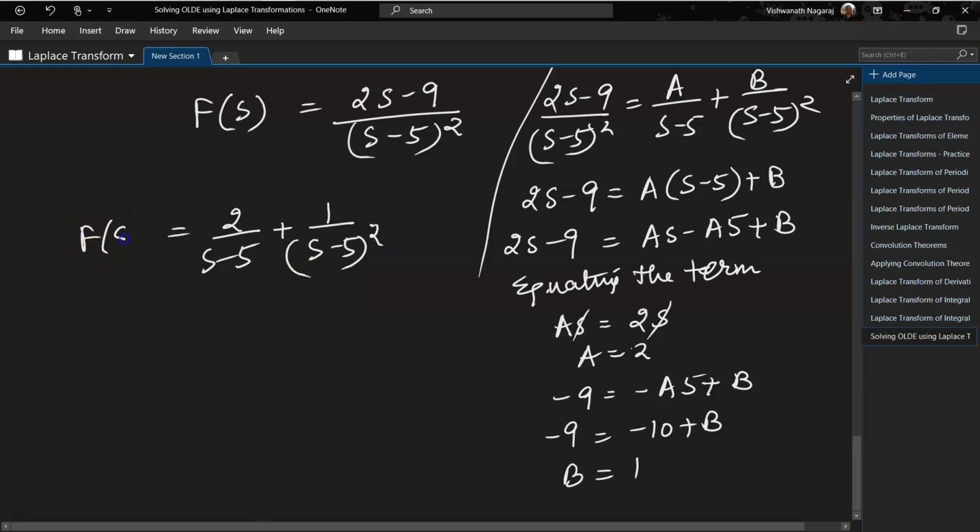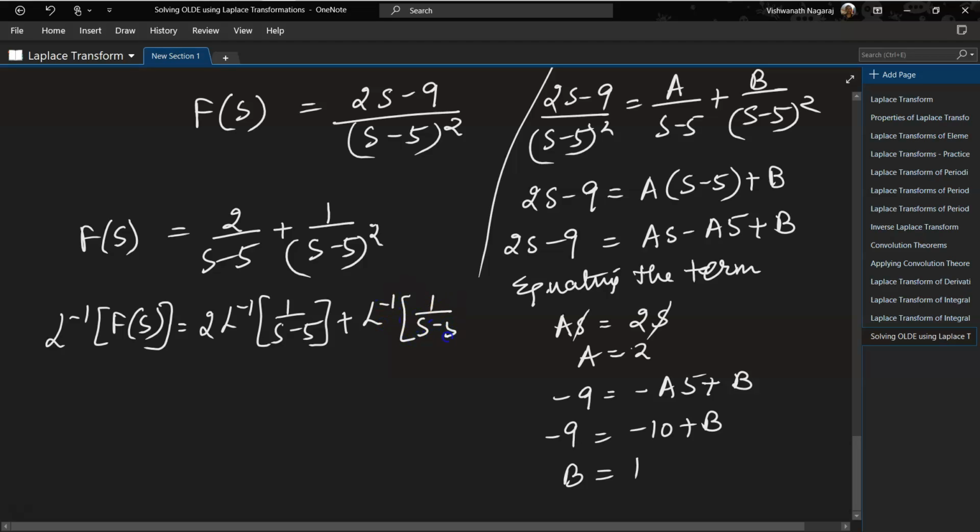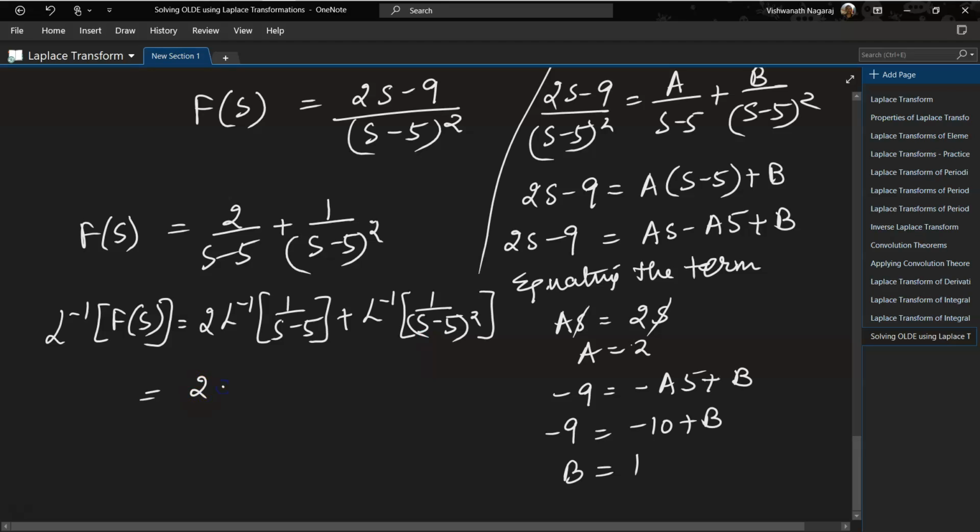Okay, this is f of s. Now we want the function, so we take the Laplace inverse of f of s, which means we take the Laplace inverse of 1 by s minus 5 plus Laplace inverse of 1 by s minus 5 square. This is 2 times Laplace inverse of this is e to the power of 5x.